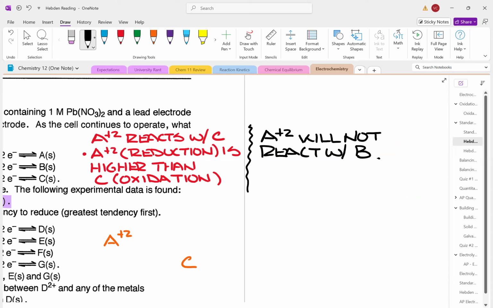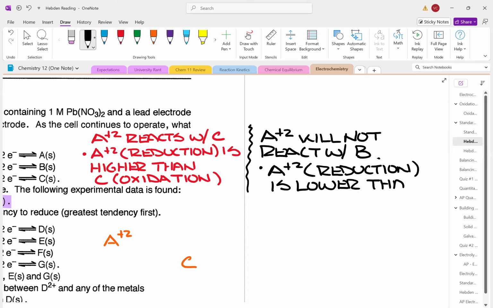It means that A2+, which is undergoing reduction, is lower than B, which is undergoing oxidation.